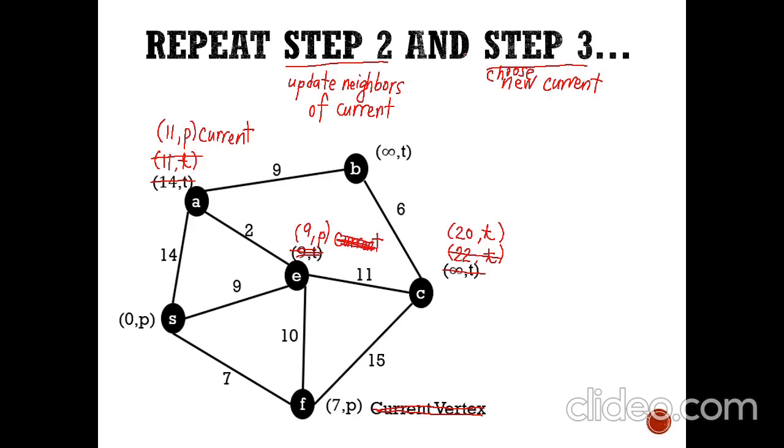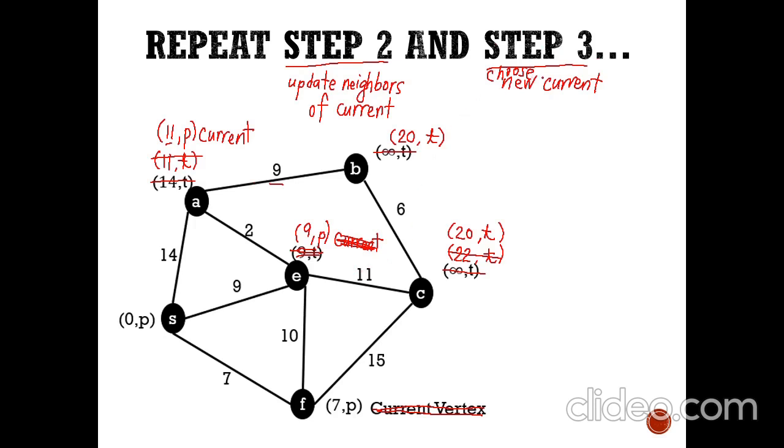Now we go back to step 2, which is update the neighbors of the current vertex. So we have 11 plus 9 is 20. 20 is a shorter distance than infinity, so this is replaced by 20 temporary. Now there's no more neighbor to update, so this means that we go to step 3.